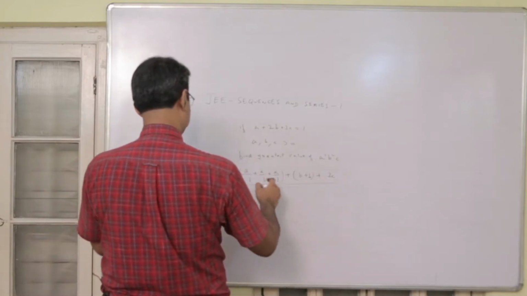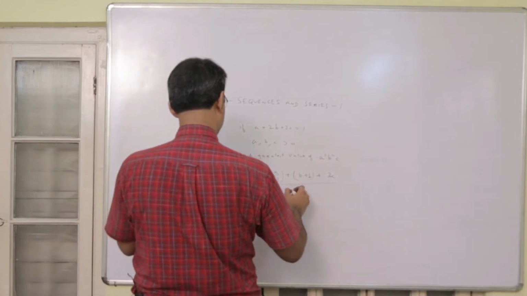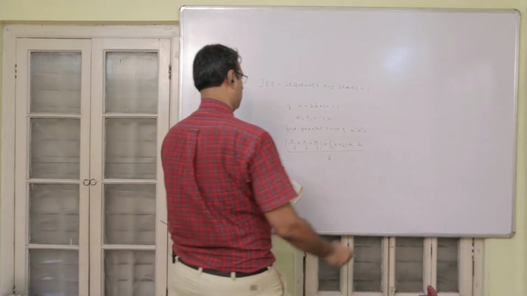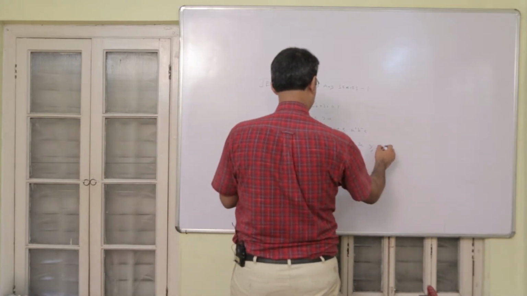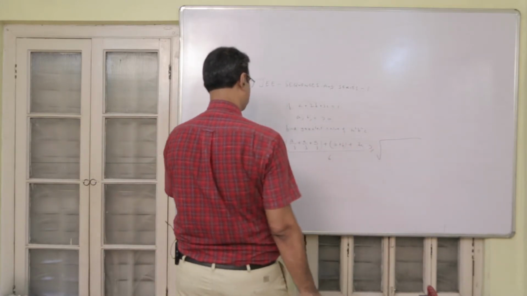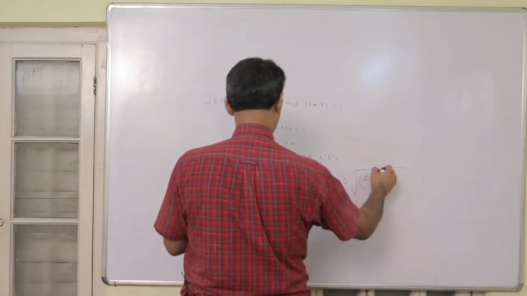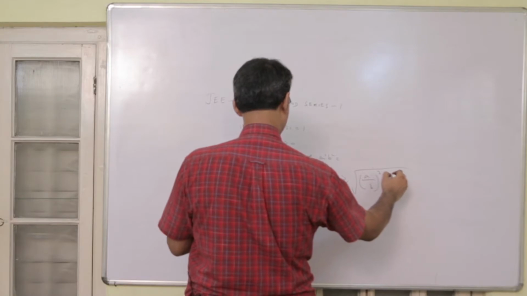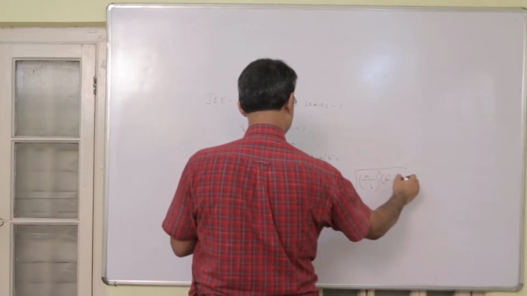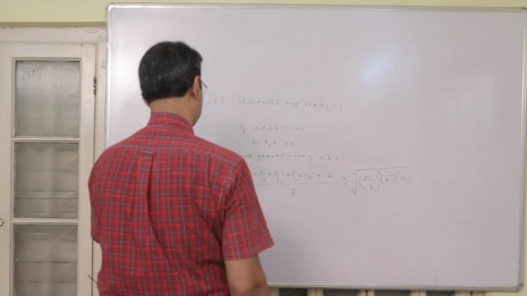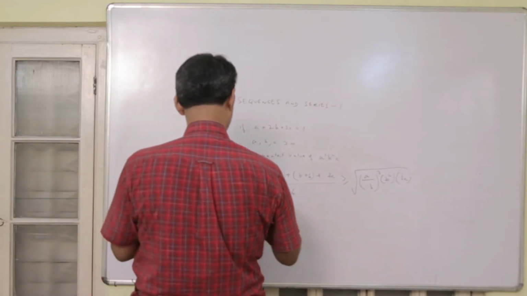So the arithmetic mean for this collection will be the sum by 6. And we know that this is greater than equal to the geometric mean. So the geometric mean calculation will be like this.